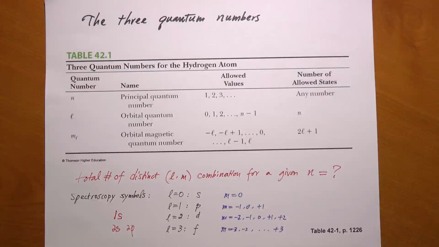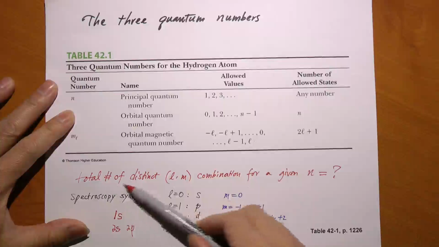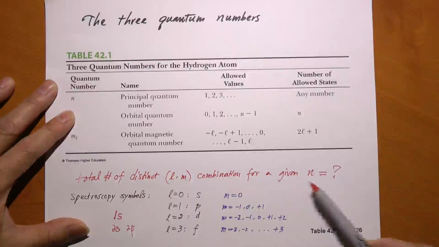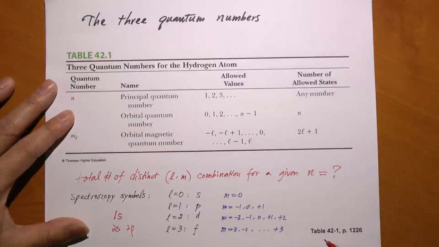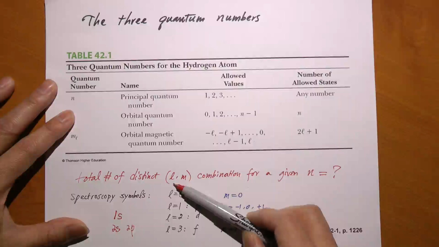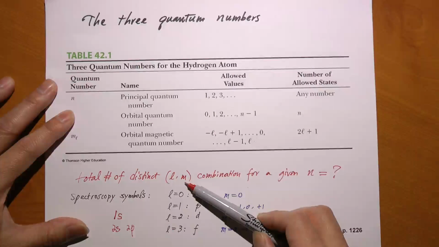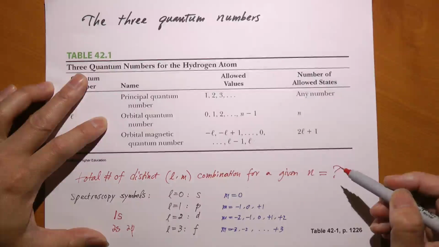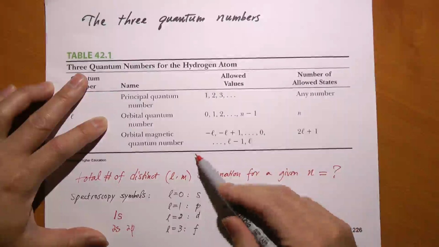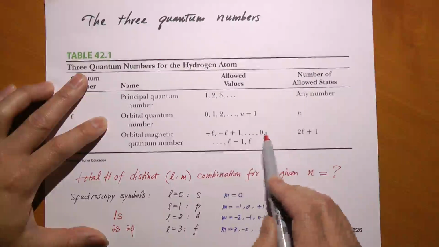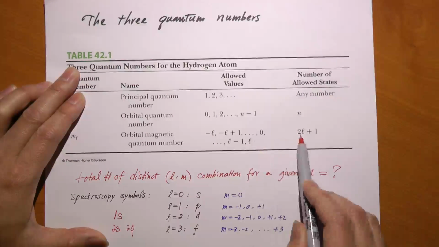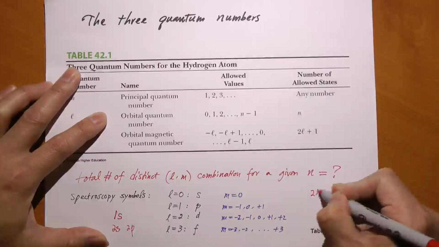And here I have a question. What is the total number of distinct L and M combinations for a given n? For example, if n equal to 10, how many different combinations of L and M can we possibly have under this restriction? First of all, for given L, the number of values of M_L is 2L plus 1.